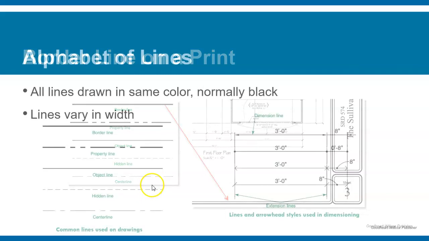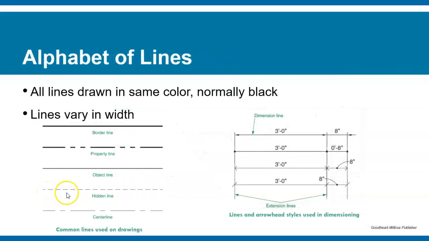This is an example of the hidden line. You see dashes, sequential dashes of a certain length. There can be different hidden lines, and so you might have different size dashes in between them. Here, these are fairly wide dashes of equal length.